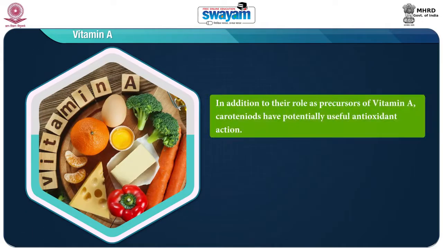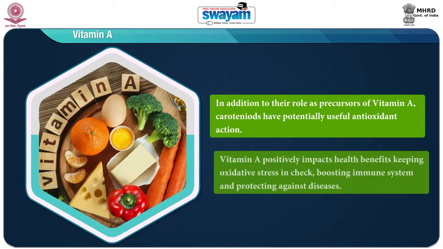In addition to their role as precursors of vitamin A, carotenoids have potentially useful antioxidant action. Vitamin A positively impacts health, keeping oxidative stress in check, boosting the immune system and protecting against diseases.